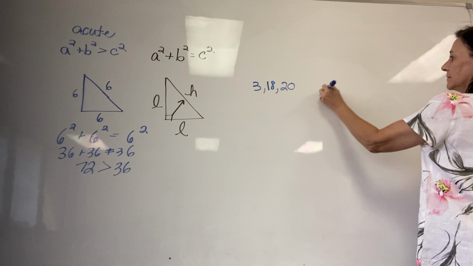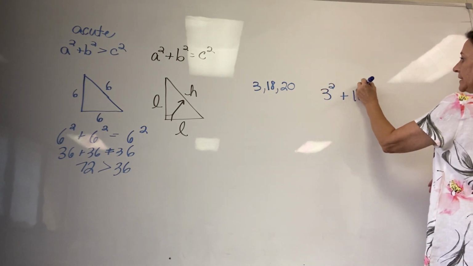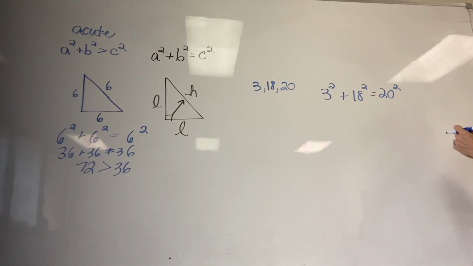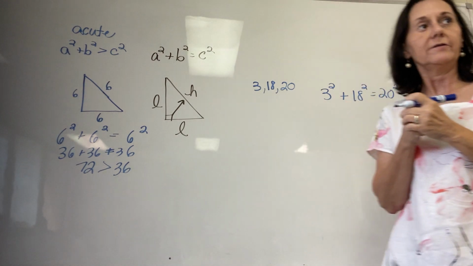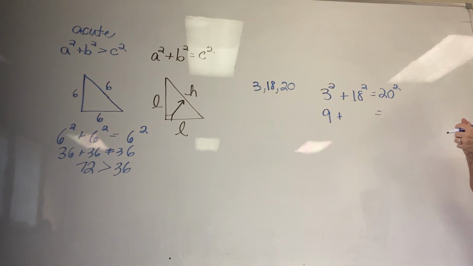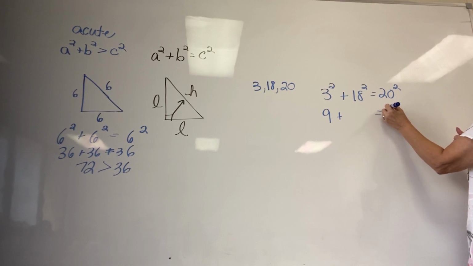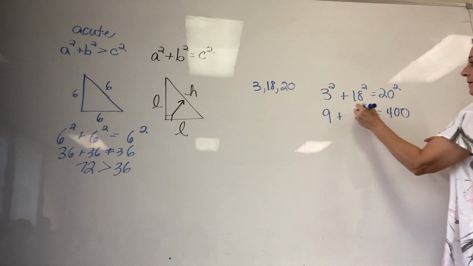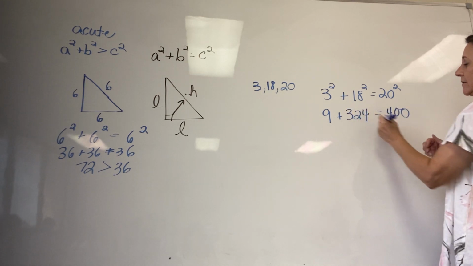All right, 3 squared plus 18 squared versus 20 squared. All right, you got your calculators? We know what 3 squared is. 3 squared is 9. We know what 20 squared is: 20 times 20, 400. What's 18 squared? 324.